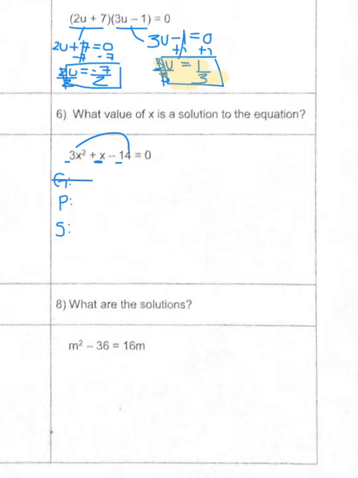Alright, so we have negative 14 times 3, that would give us negative 42. And then we have our x squared right there. Middle term is 1x. We want to think of two numbers that multiply to get negative 42 and add to get 1. Alright.